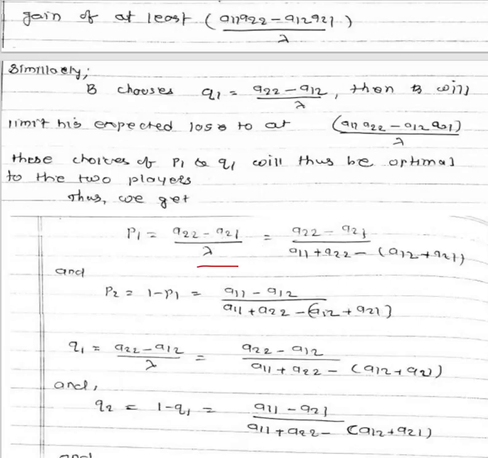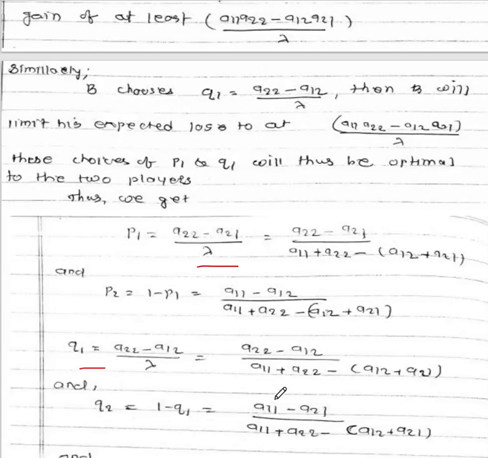Okay. Similarly, for the choices of player B, Q1 is found to be A22 minus A12 divided by lambda. Putting the value of lambda, which we considered equal to A11 plus A22 minus A12 plus A21, we get Q1 equal to A22 minus A12 divided by A11 plus A22 minus A12 plus A21.